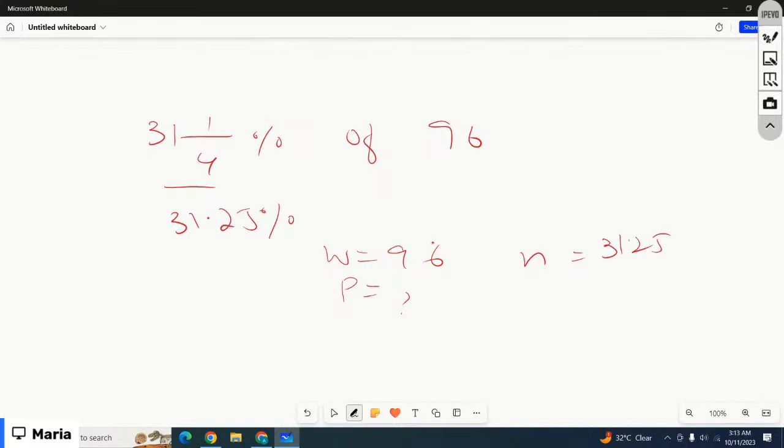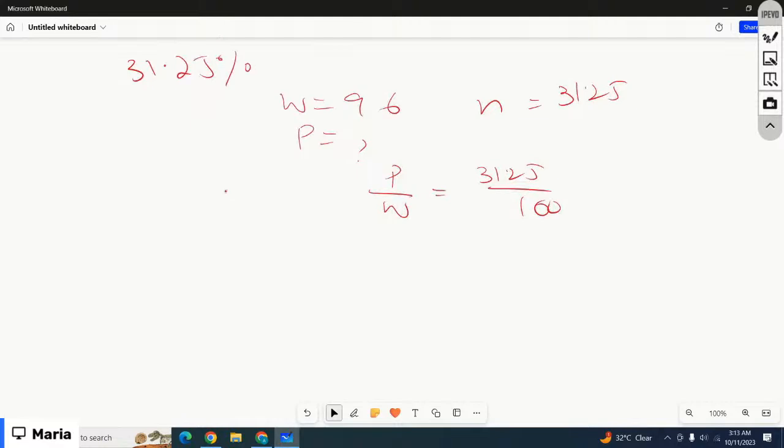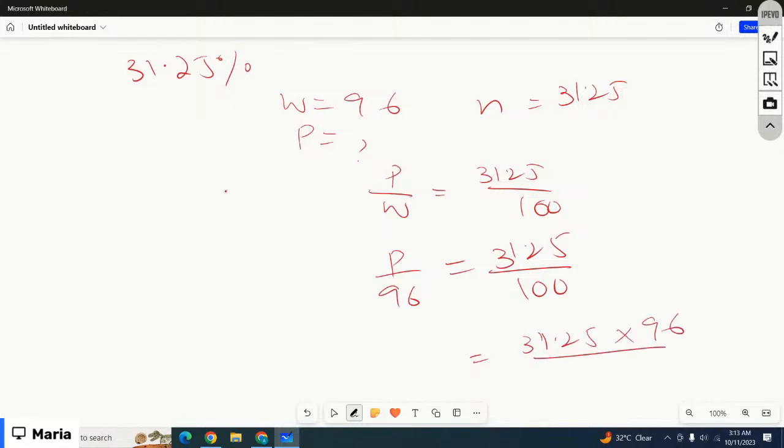N is 31.25. So it would be part divided by whole equals 31.25 over 100, right? You are given the whole, that is 96. So just replace the value. It would be P over 96 equals 31.25 over 100, right? Just cross multiply 96 to the other side. So 31.25 times 96 divided by 100, right?